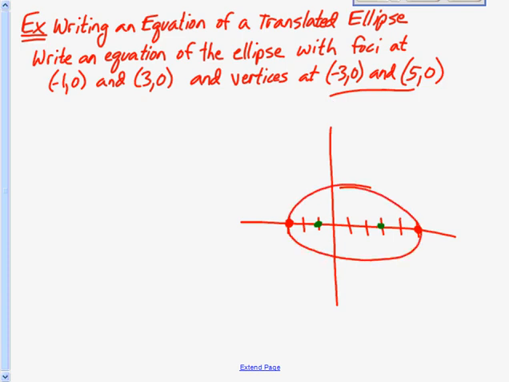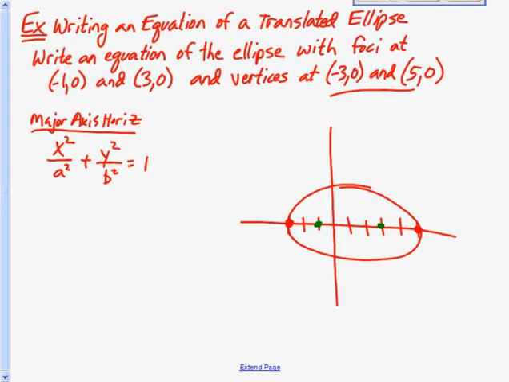Our ellipse, our major axis, is horizontal. So before, when our major axis was horizontal, we had this equation: x squared over a squared plus y squared over b squared equals 1, if you remember that, and a was bigger than b. This is kind of similar, except again, we've moved it off of the center.